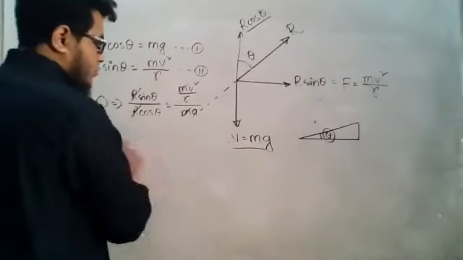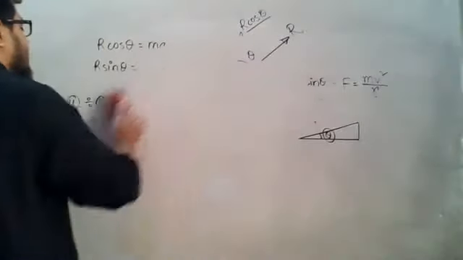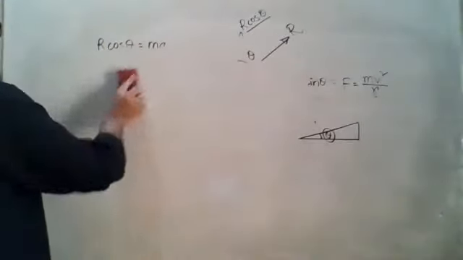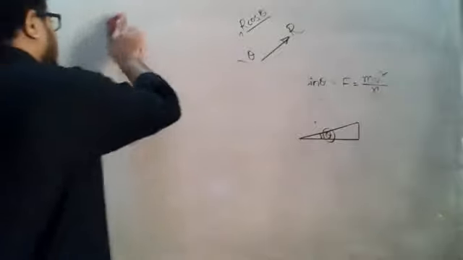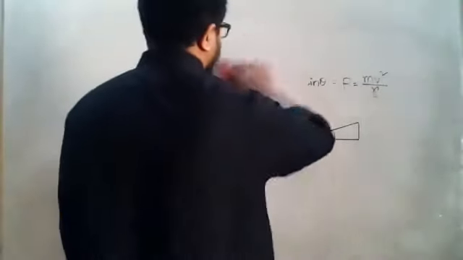Take a look at figure 4.22, please. Now let the weight of the vehicle along with the passenger be W.